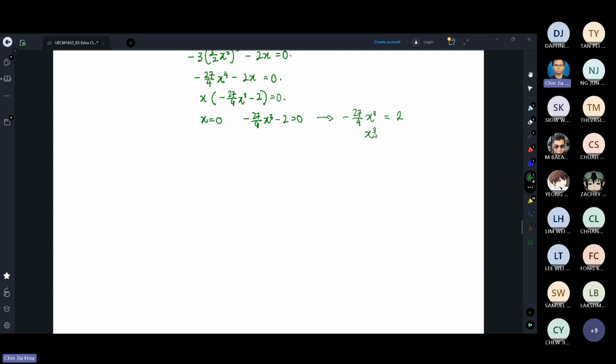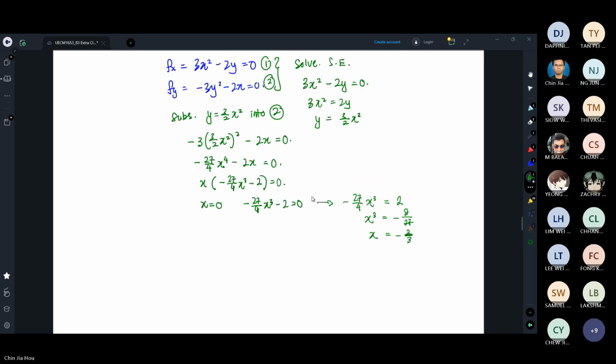So x cubed equals minus 8 over 27. If you use your calculator, you get minus 2 over 3. It just so happens that it is a nice fraction. Okay, then we take this and this, put it back into here.